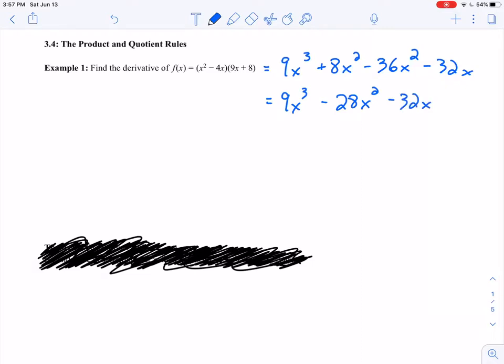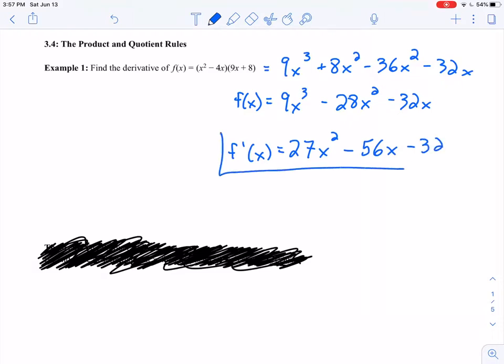So here's my function f of x. I haven't actually taken the derivative. All I did was simplify this, do a little bit of multiplication, so that now in the next step, I can go ahead and take the derivative of this result. So if I use my power rule, f prime of x is equal to 27x squared minus 56x minus 32. And there's my derivative.